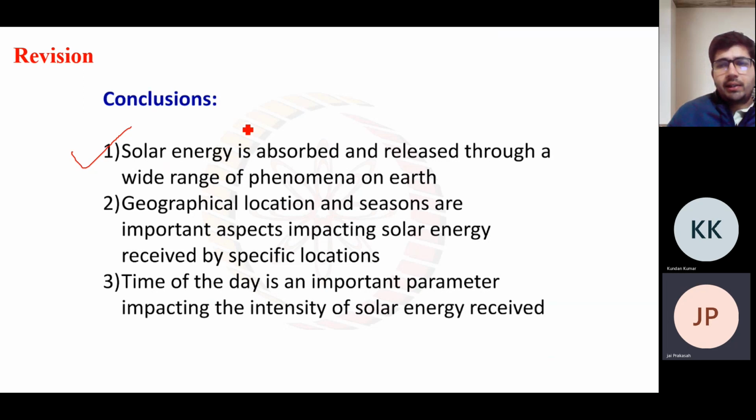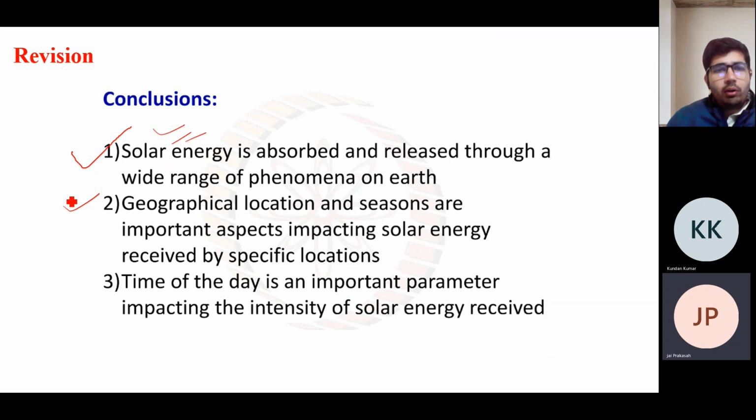As we have seen in our slides, clouds are absorbing the solar energy, the atmosphere is also absorbing and releasing, and the earth surface, like water, is absorbing and reflecting. So there is a wide range of phenomena on earth that are absorbing and releasing the solar energy and dependent on the solar energy.